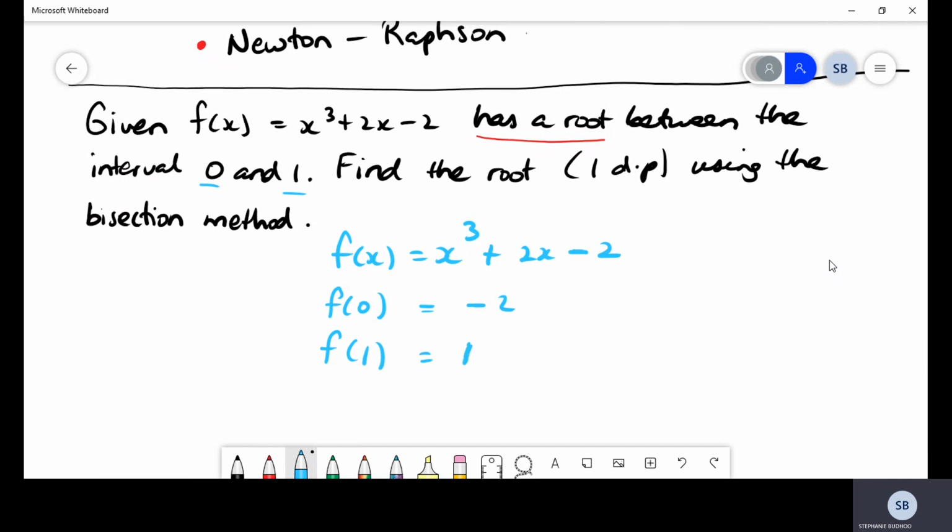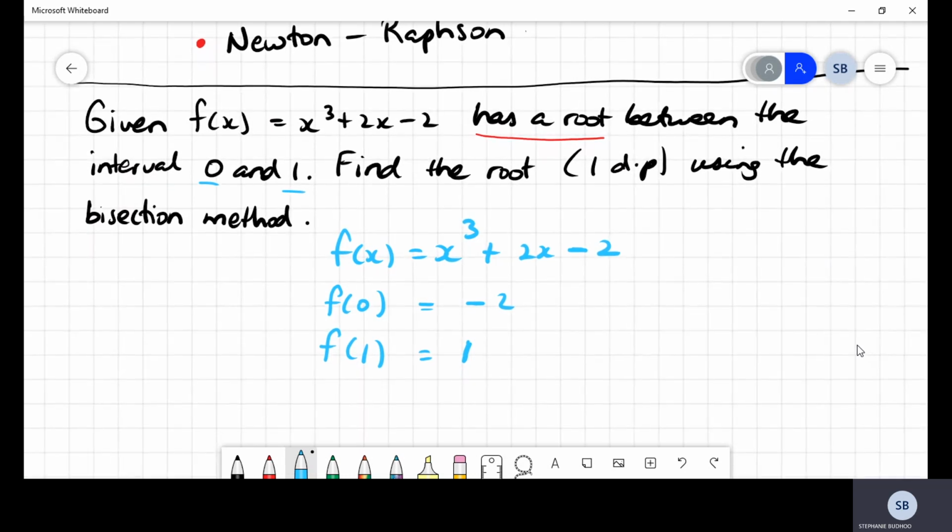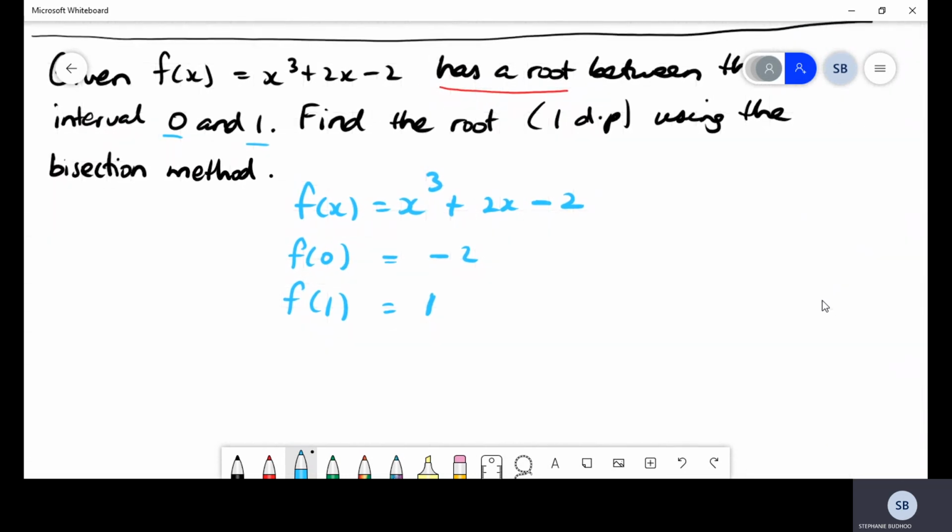So even if you didn't believe them that there was a root, you can clearly see by the intermediate value theorem, there's a change of sign. So the root does exist for this continuous function. But what is the root? Well, first of all, I'm going to draw a little diagram that's going to help us along the way.